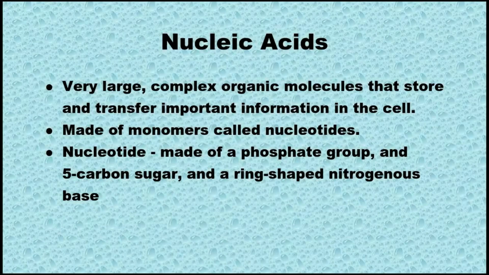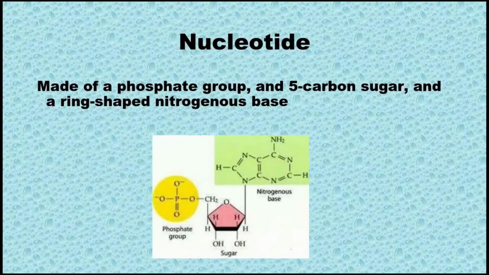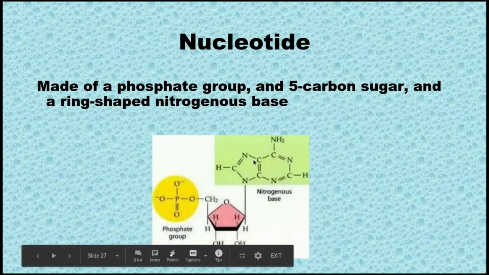Then we have nucleic acids, which are used in DNA. So these are very long chains of the monomers of those nucleotide groups. And the nucleotide groups are going to be made up of phosphate group, a 5-carbon sugar, and then ring-shaped nitrogen bases. So if we look at that nucleotide, what does one unit look like? So here we have those nitrogen bases.